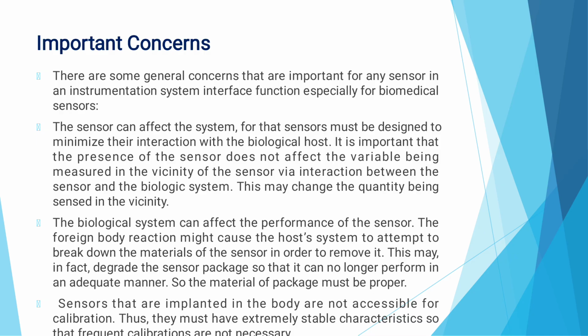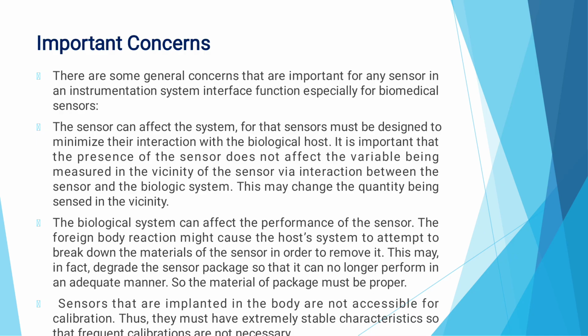There are several important concerns while designing and using biomedical sensors. The first concern is that the sensor should not affect the biological system. It must be designed carefully so that its presence will not disturb or change the parameter we are measuring. The second concern is that the biological system affects the sensor.